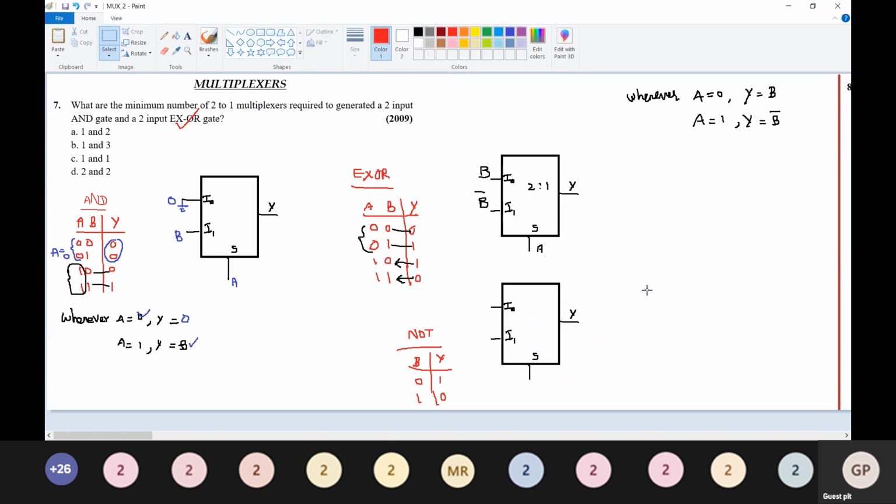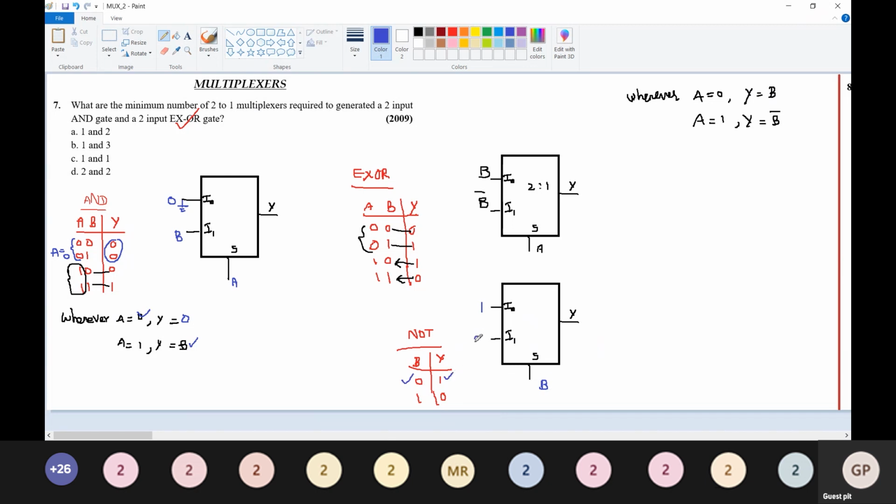Now we take another 2:1 multiplexer. We take the selection as B. So when B is equal to 0, I naught will be selected. When B is equal to 0, Y should be equal to 1.